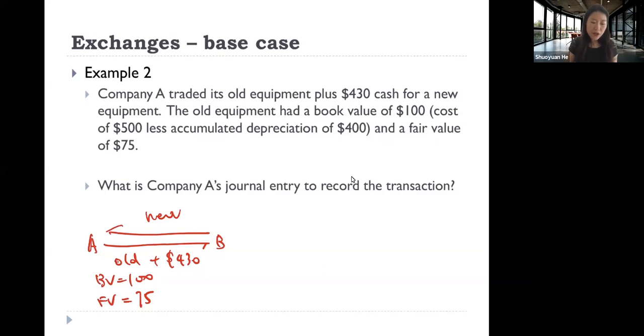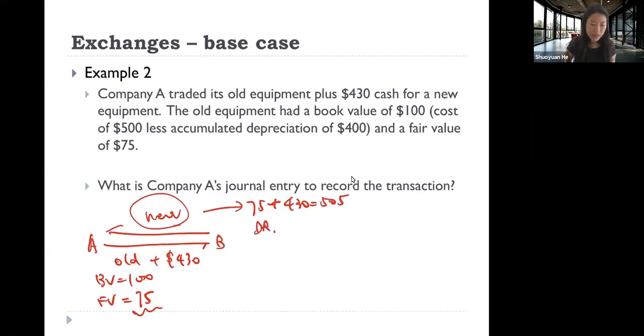Here, what is the cost of the new equipment? If this is a fair transaction, then the cost of the new equipment should be equal to whatever A is giving up to acquire it, the fair value of the asset given, which is 75, plus 430. So that is 505.